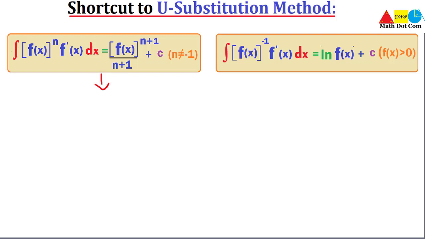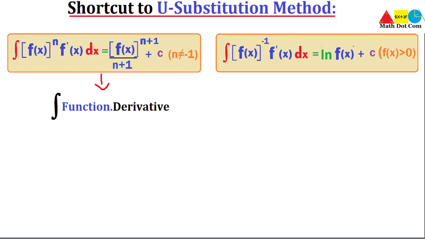This expression is just the same as the situation we have seen in our previous lecture, a situation in which we have a function and its derivative is multiplying with that function. Same is the case in this expression. If I label it here, you will get to know that it is exactly the same.